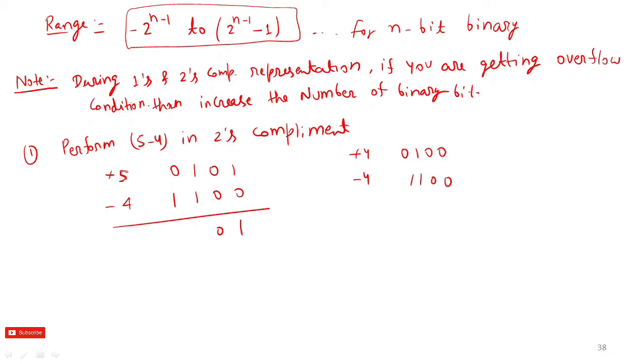Adding 0 1 0 1 and 1 1 0 0, you get a carry. The carry you have to discard. You do not add it in the LSB, you have to discard.